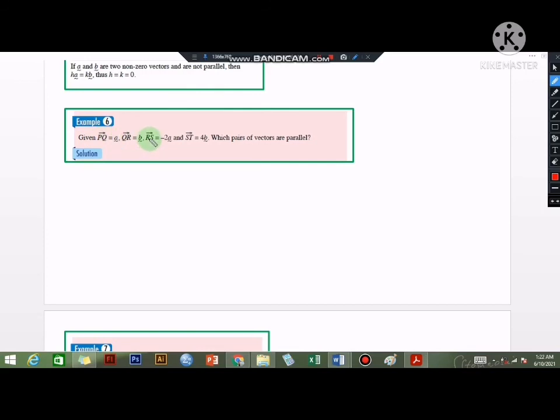Here, vector PQ is equal to A, vector RS is equal to negative 2A. So the pair is vector PQ equal to A and vector RS equal to negative 2A. This is the parallel pair. Vector RS is equal to negative 2A, where A represents vector PQ.